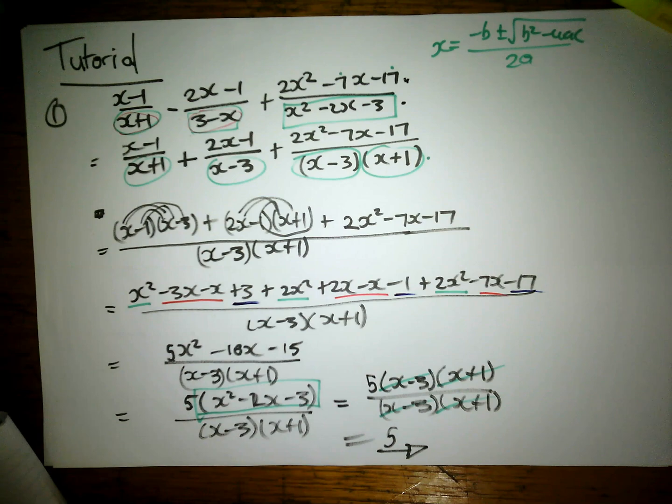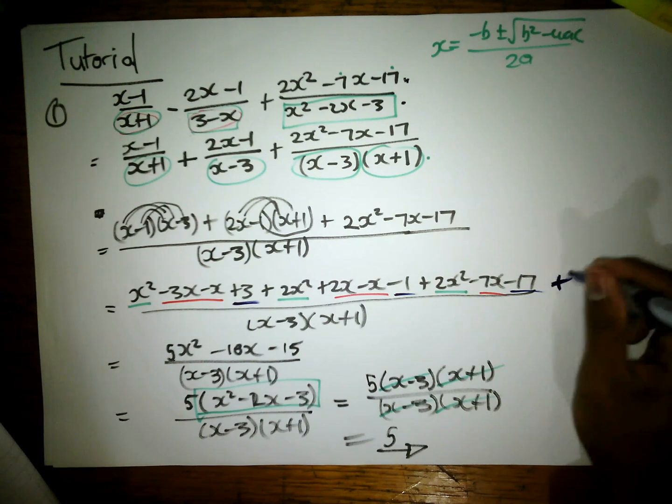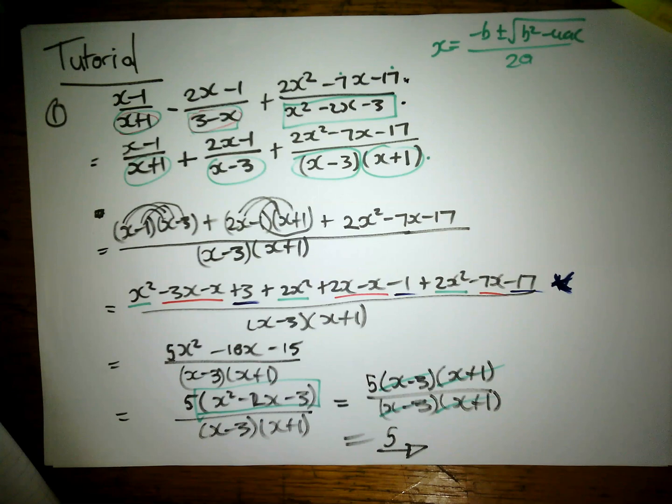I got -4. You see? Somewhere here you messed up. No, I did not go that way, because the top one and the bottom one I could not factorize. So what I did, the x minus 1 and minus 2x minus 1, I did x minus 1 times 3 minus x and vice versa, and the bottom one gave the same denominator as the other one, which I played around with the minus, and they came to the same sign, which was x squared minus 2x minus 3.